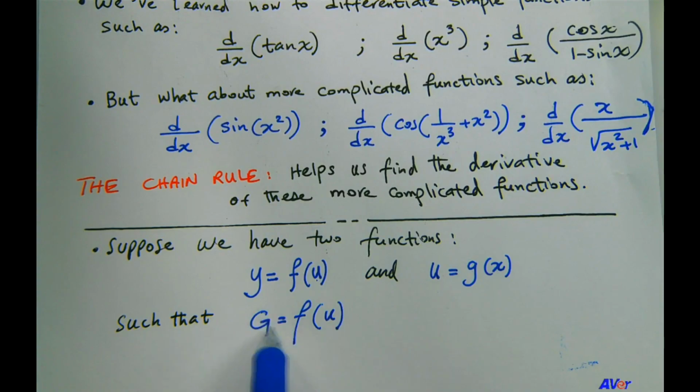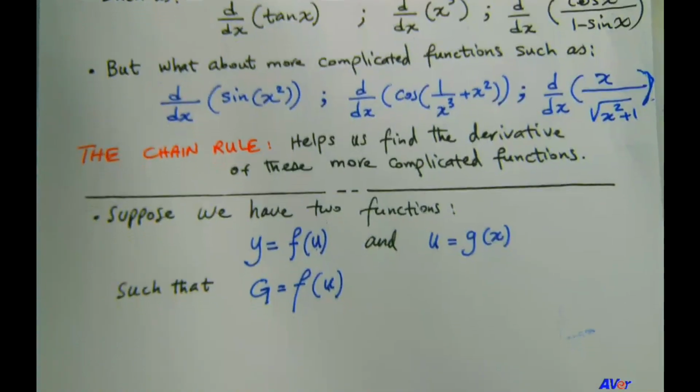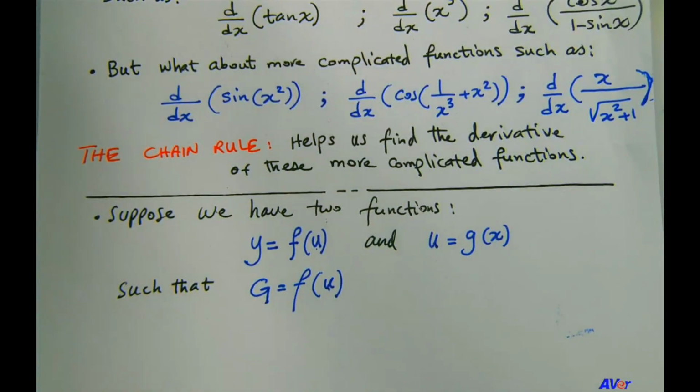Because G is not directly connected to x, but it is connected to x indirectly through function u. G is a function of u, but u is a function of variable x. So how do we find the derivative of G with respect to x? That's when the chain rule becomes very, very useful for us.